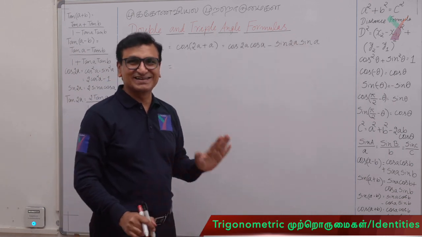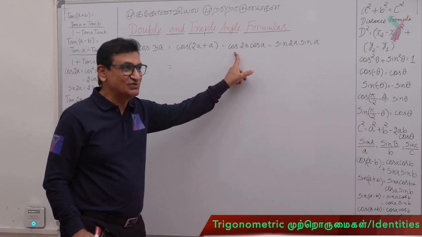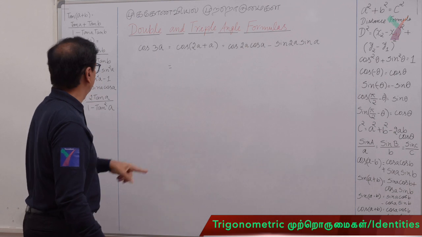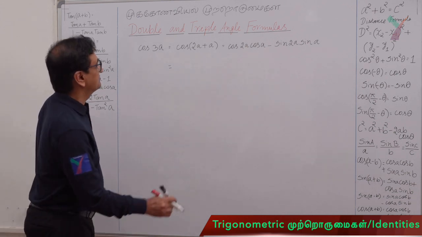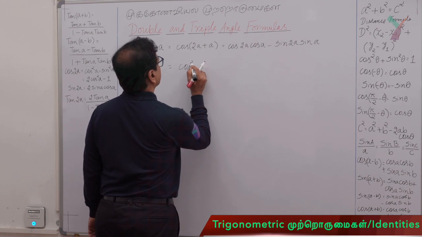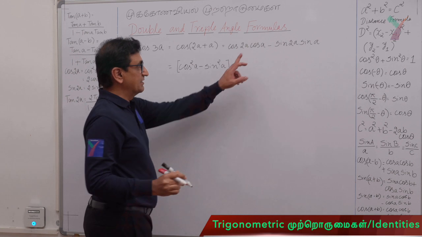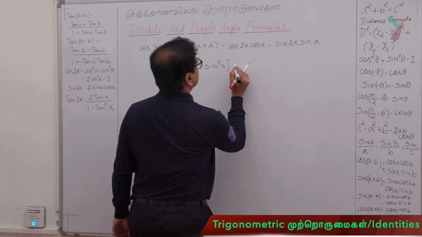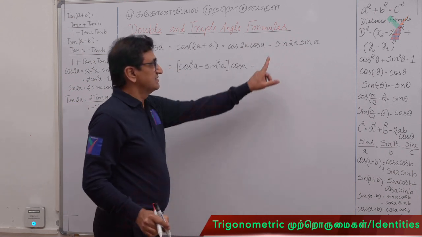We are not done yet. We need to write out cos 2A as well. For cos 2A we are going to use this formula: cos square A minus sin square A, multiplied by cos A, minus sin 2A.